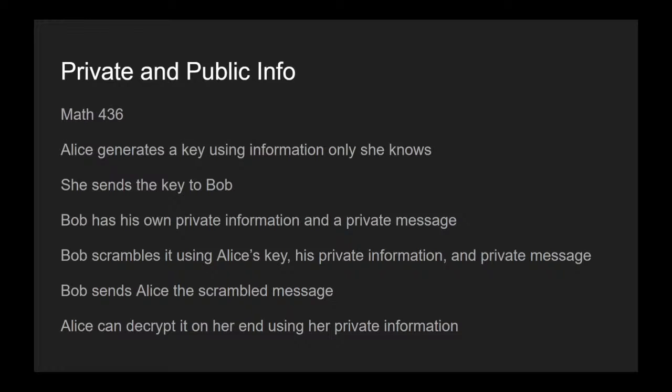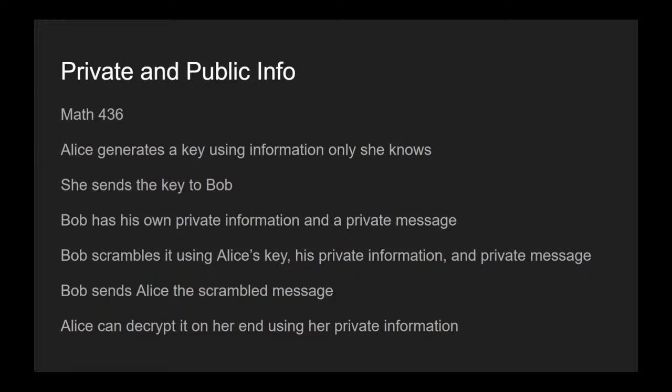And basically what it boils down to is Alice generates a key using information only she knows. She has these 2 primes that she's going to keep secret. She does some math and comes up with this one big number, and she sends it to Bob. And Bob says, okay, cool.